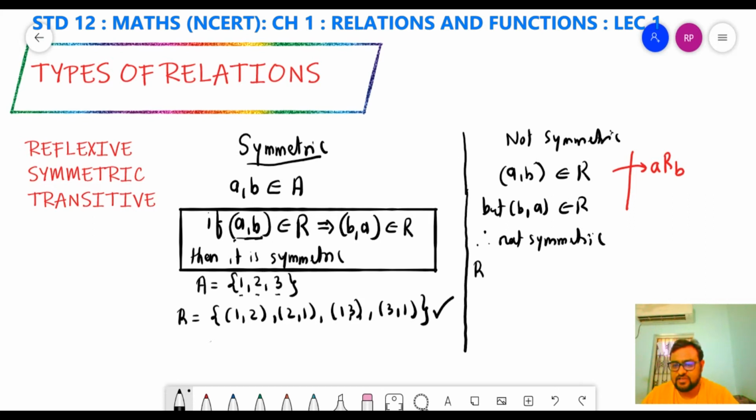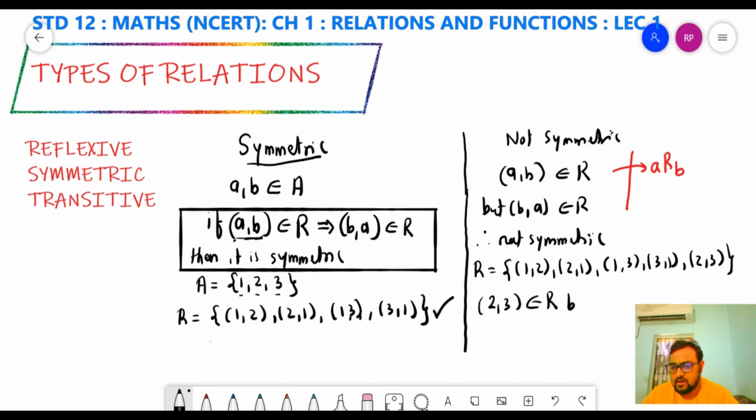Right? So if the relation is like this, (1, 2), (2, 1), (1, 3), (3, 2), (2, 3), now here we can say that (2, 3) belongs to R, but (3, 2) does not belong to R. Therefore, it is not symmetric.